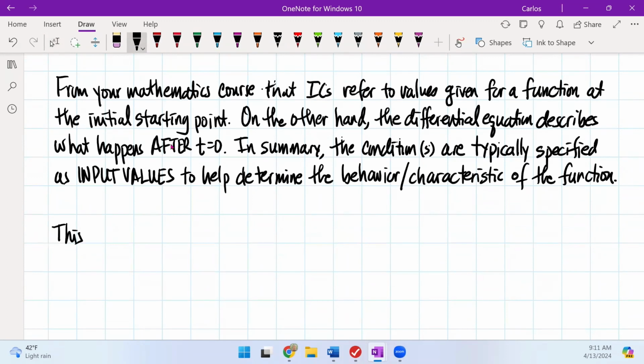This language must be translated into circuit language.